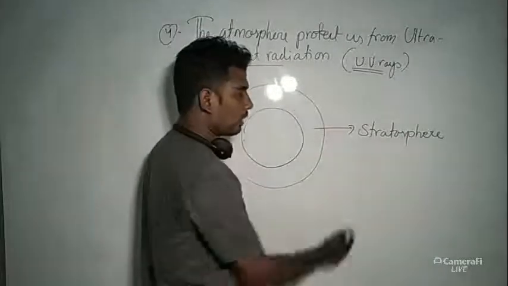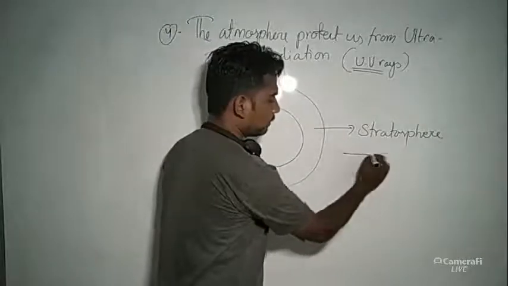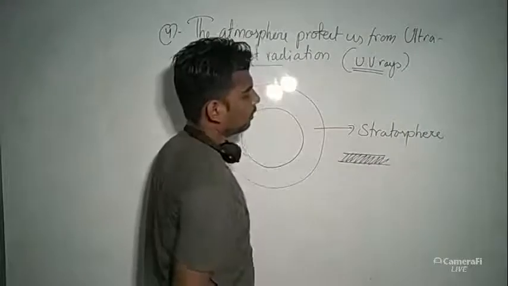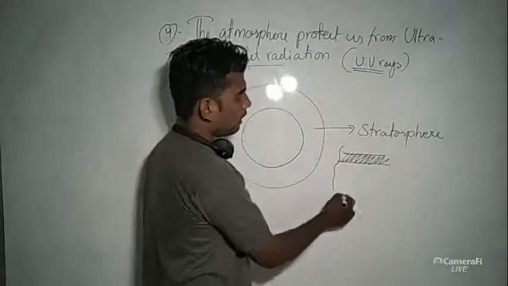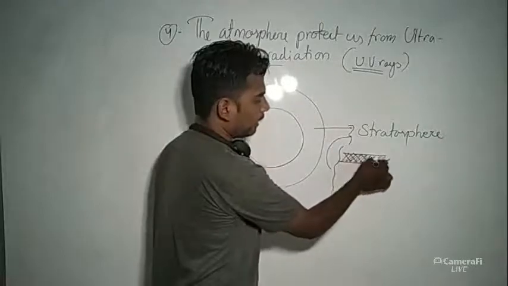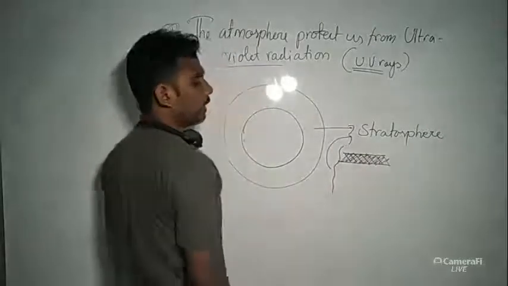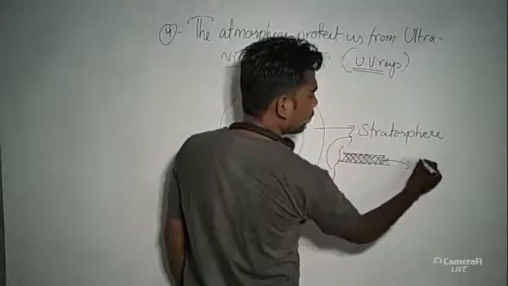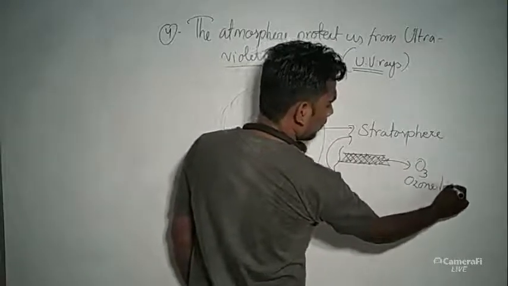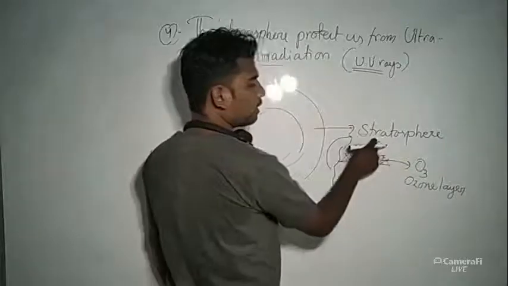So in stratosphere a thick layer, okay, stratosphere में एक thick layer है, that thick layer of gas is known as ozone, O3. Ozone layer. Ozone layer is present in stratosphere.